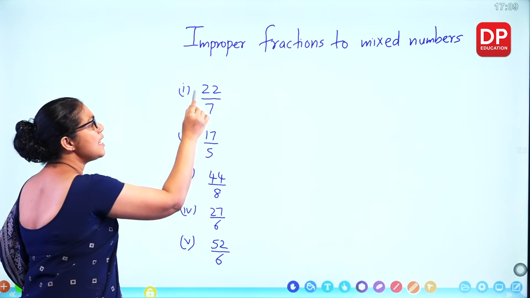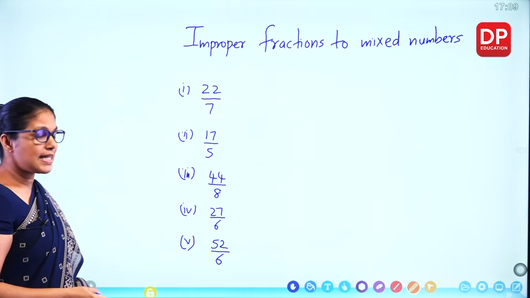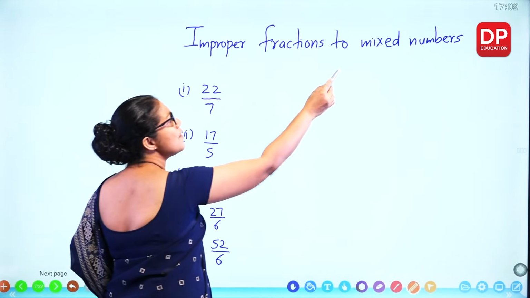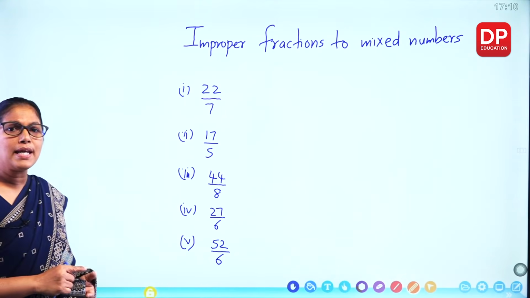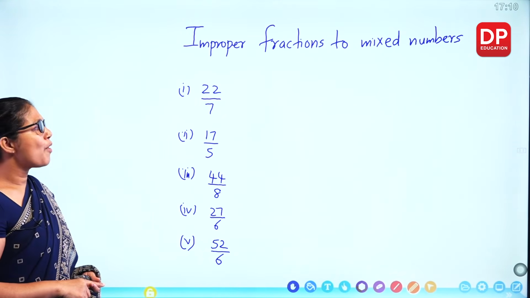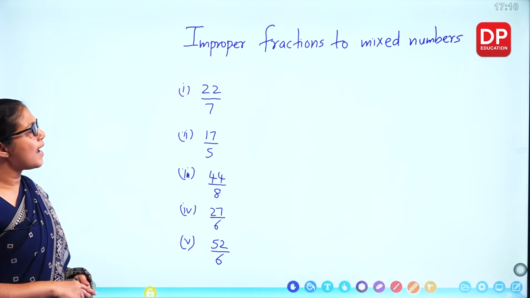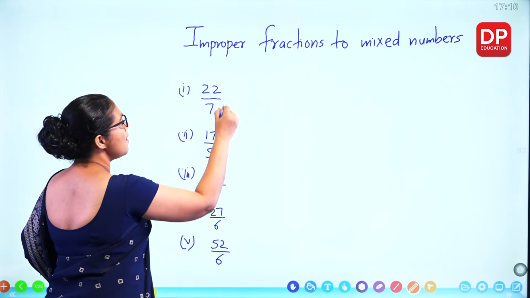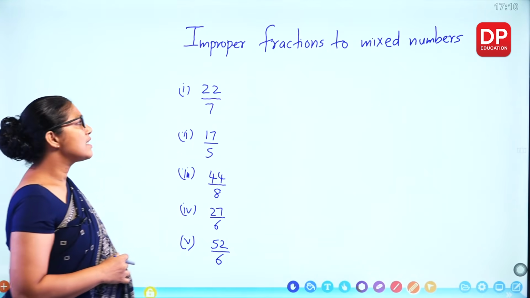Now the other conversion, improper fractions. The numerator is bigger than the denominator. You are asked to convert to a mixed number. A mixed number means a whole number and a proper fraction. So how can we convert this? There's a method. Here we have to use long division.